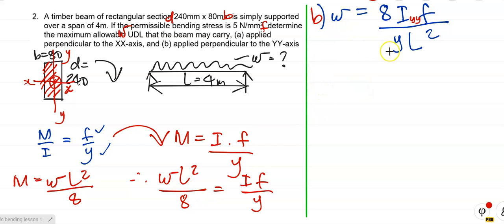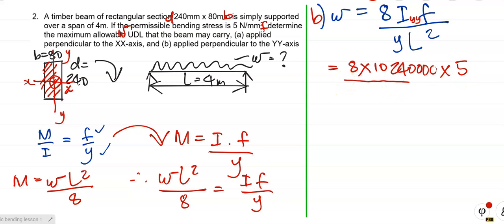w is equal to 8 IYY this time, because the beam is turned 90 degrees and bending is about the y axis. F is the same and Y is now 80 over 2. And L is the same. So it's 8 times IYY. And what did we get for IYY? It was 10,240,000 times F. F is still 5.